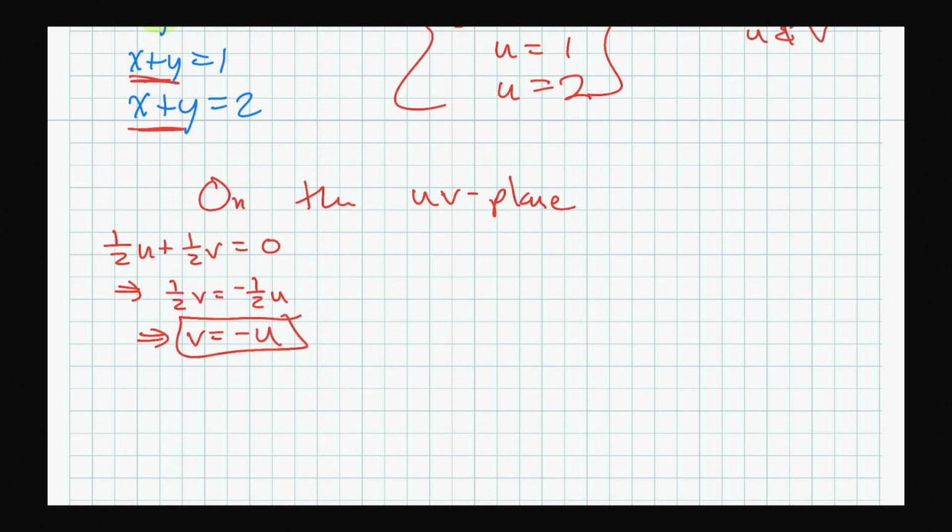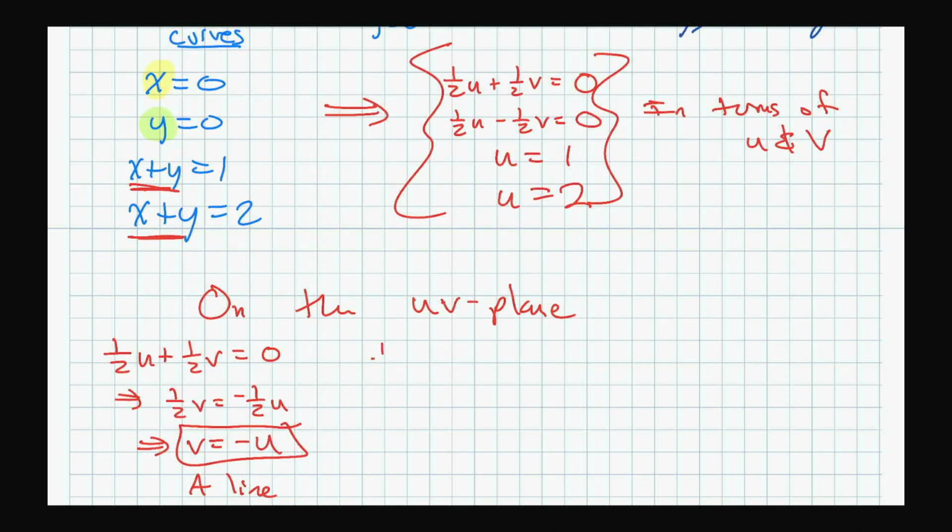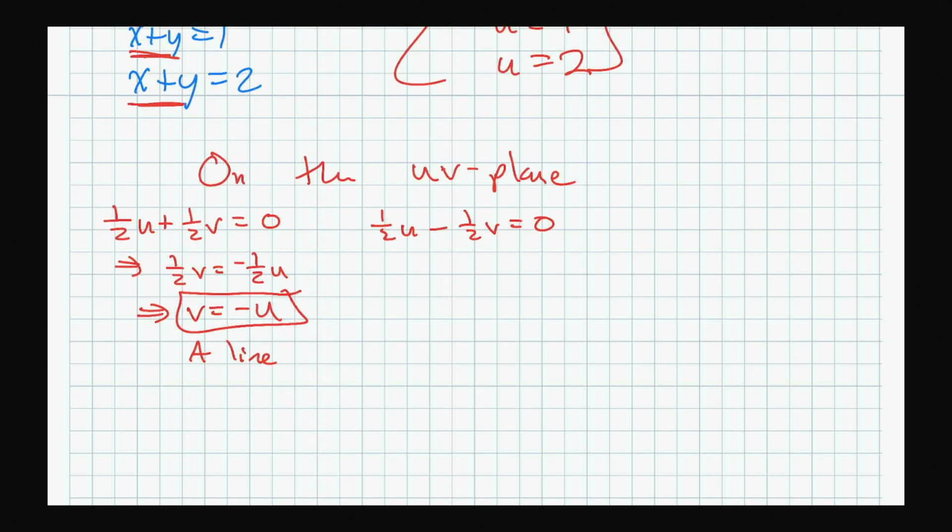Let me move this over here. So this is a line. The other one was 1/2 u minus 1/2 v equals 0. Do the same thing there, solving for v. So 1/2 u equals 1/2 v. Multiply everything by 2. You get u equals v.